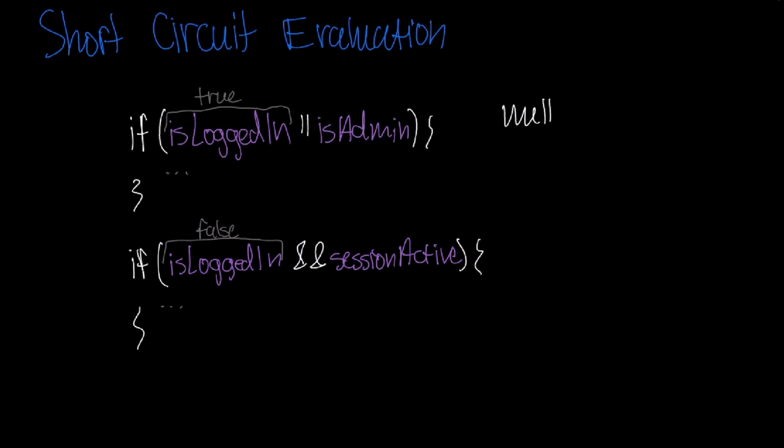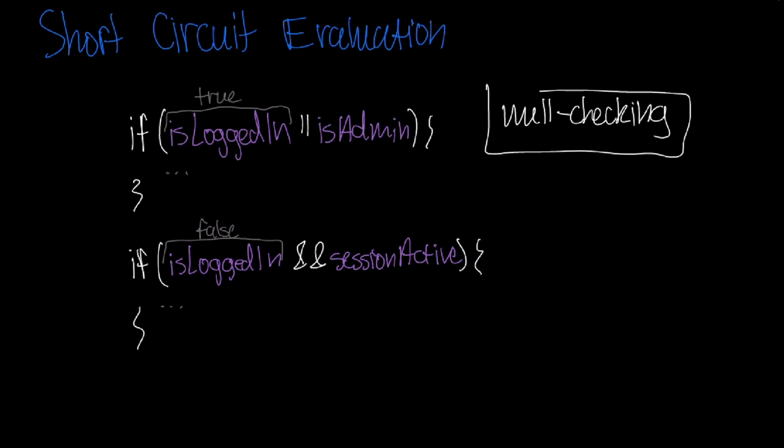Now, I won't write it out, but I will say the most applicable use of this short circuit evaluation is for null checking. So if you want to put an if condition on something like, let's say, a list, and you want to check if list.size equals something, well, if the list is null, you can't actually run .size on it. You're going to get a null exception.